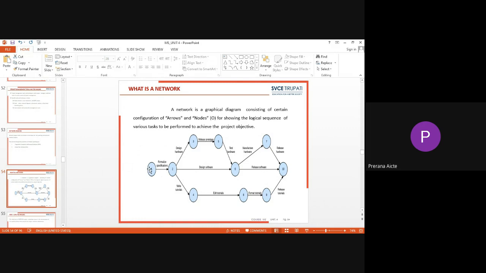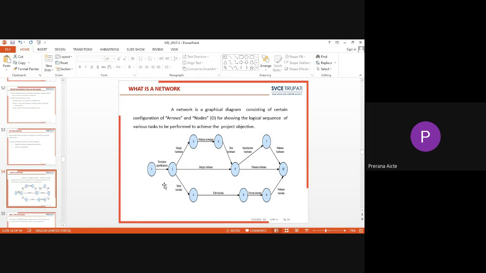For each and every activity there should be a proper starting node and ending node. That is, a starting event should be properly represented, and also a proper ending event.